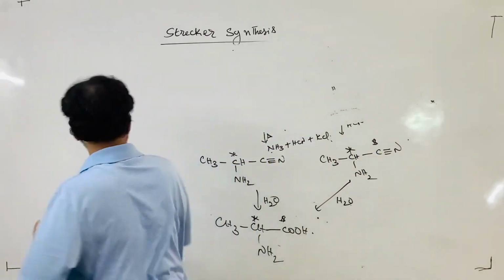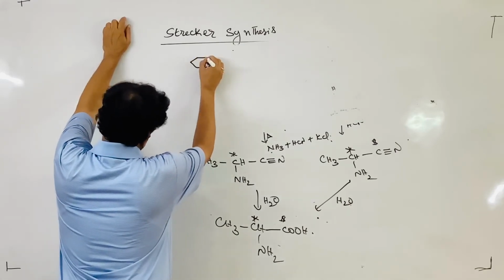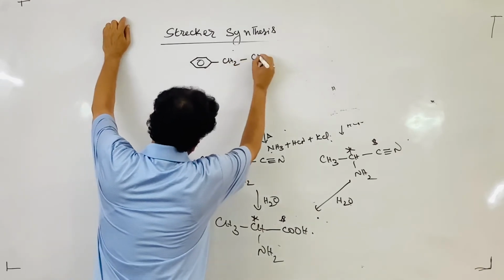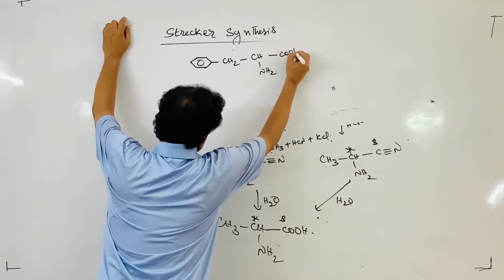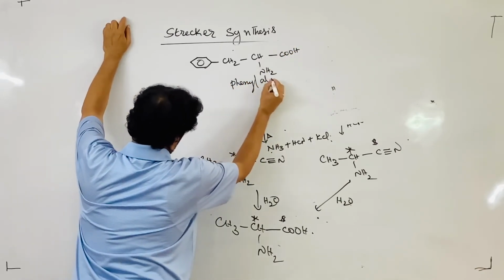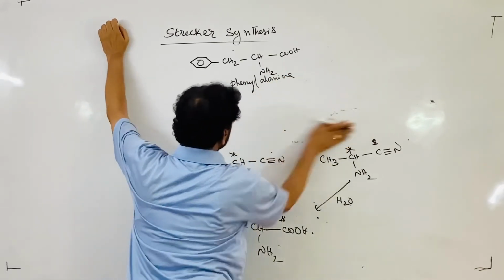Suppose instead of this compound, you take phenylalanine. You should know the structure of the molecule. Phenylalanine is nothing but a phenyl group present on alanine. NH2, COOH is the phenylalanine. So what is required?